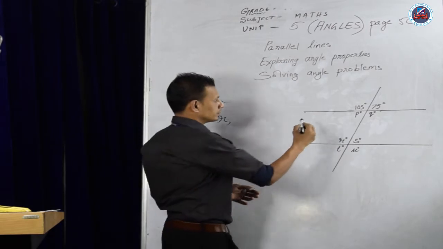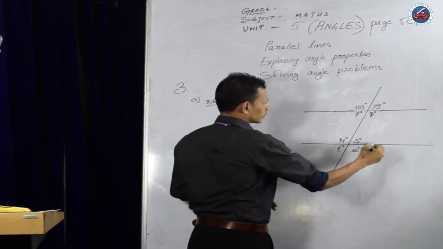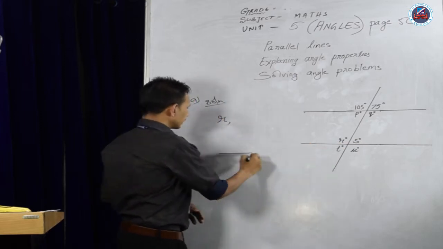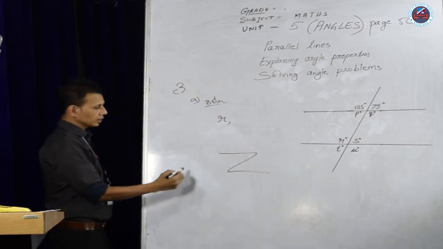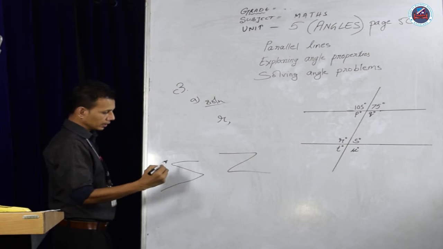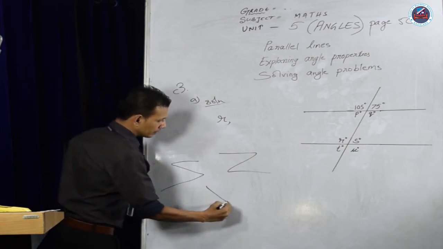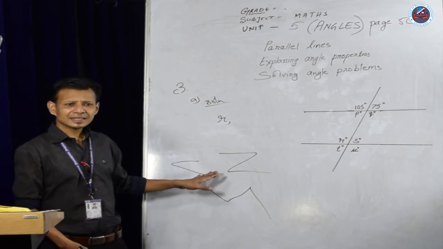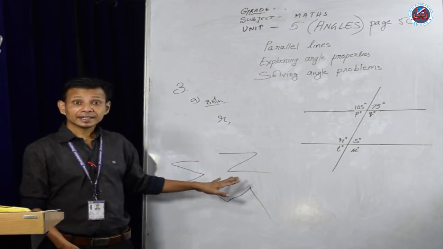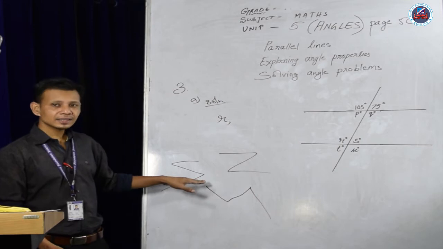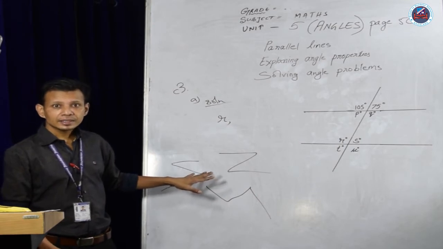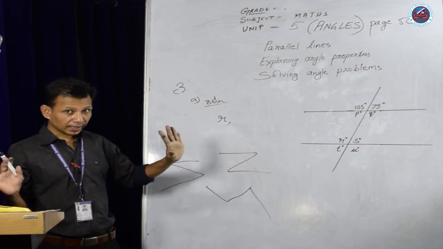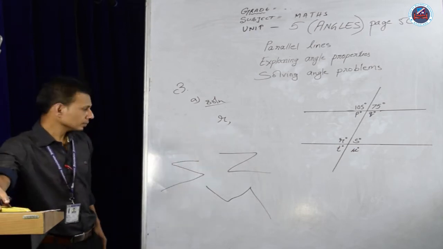It's Z. Or it can be in this way also. Z can be in this way, or Z can be in this way also. It still looks a bit like a Z. The only thing that happens here is the Z has been rotated and stretched out. But still it's Z.